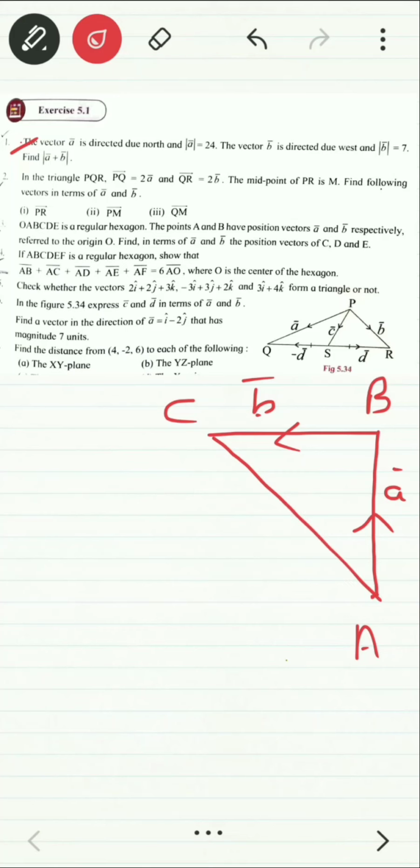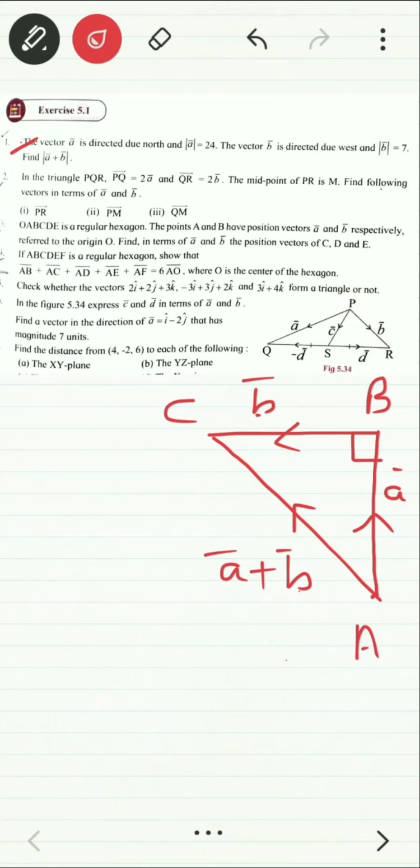Now by the triangle law of vector addition, we have AB plus BC coming out as AC. So AC comes out as A bar plus B bar. Also, triangle ABC is a right angle triangle at B. So angle B is a right angle.